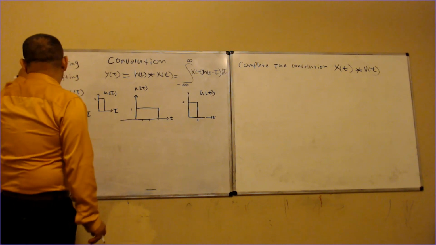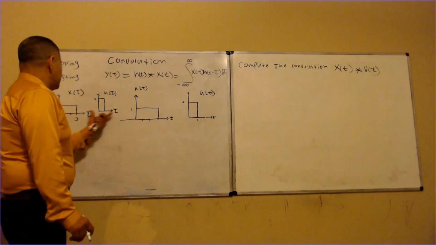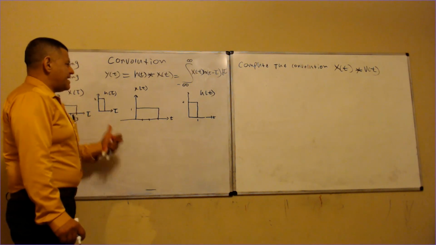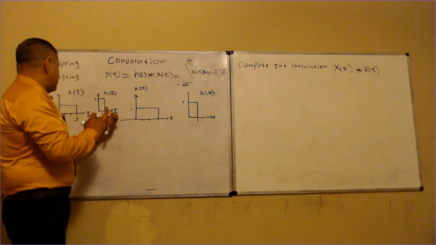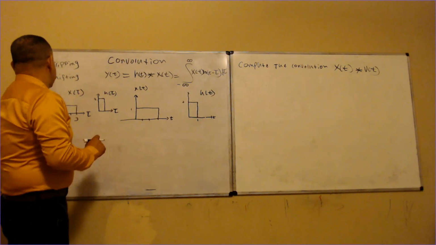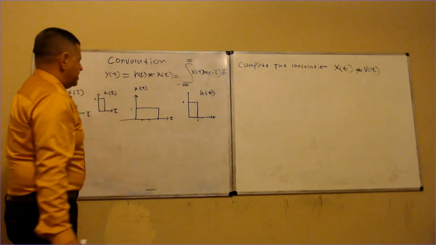Flipping means multiplying by a minus 1, which flips it to this side, and shifting means you add a t to it.